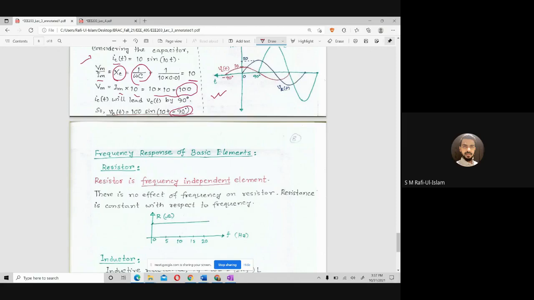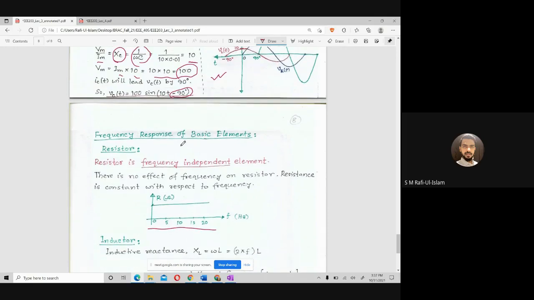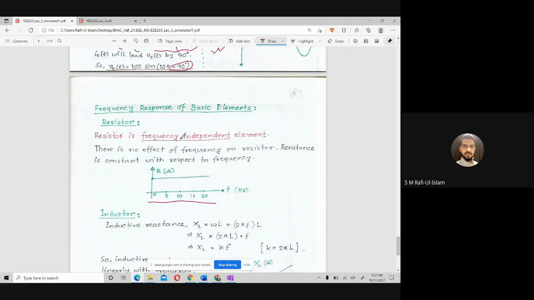We know the resistor is a property of DC circuit, it doesn't change with frequency. If I plot the graph against frequency, it will be a constant value. That's why it is called DC. So the resistor is not affected by frequency changes.